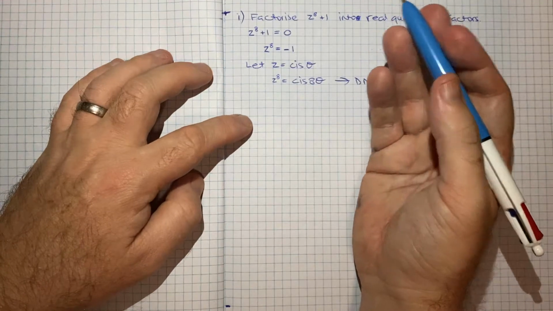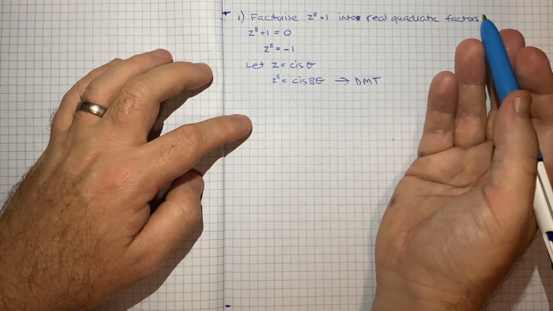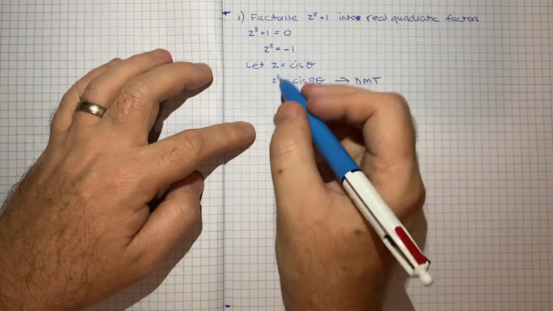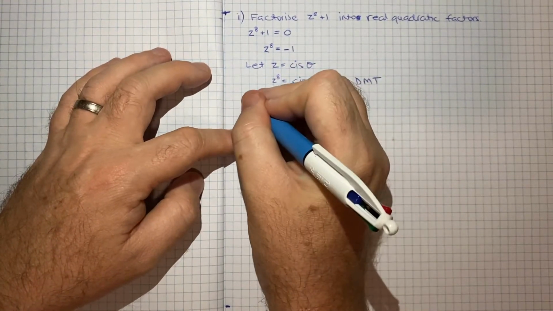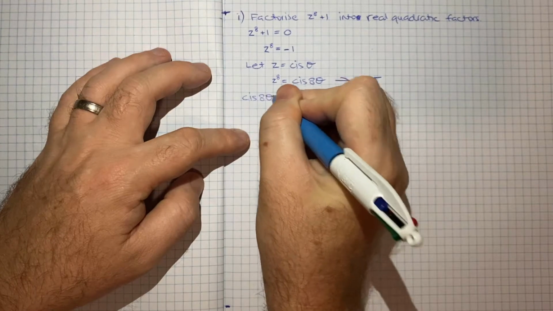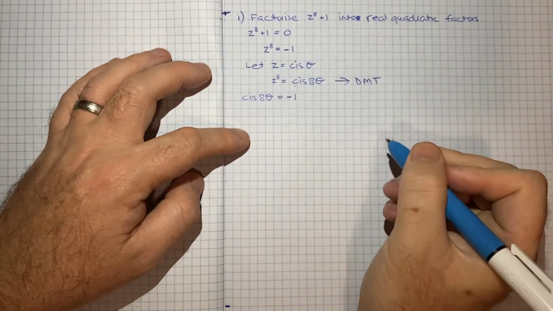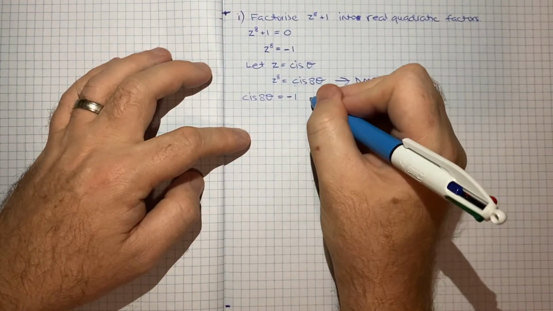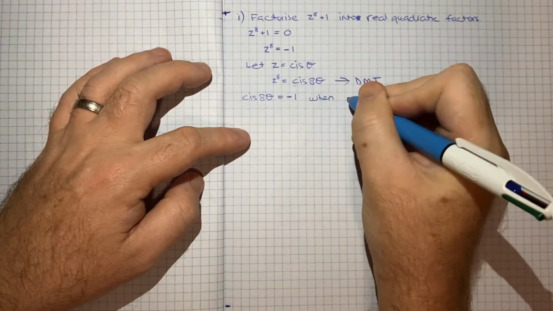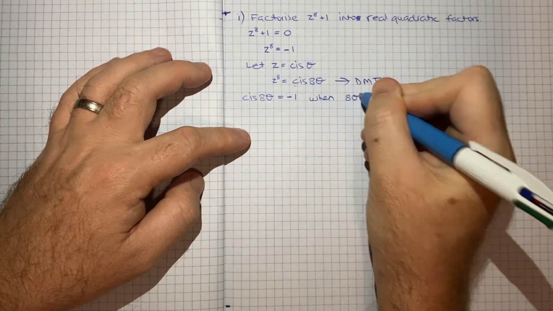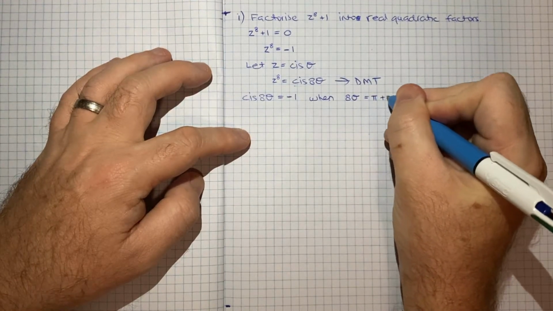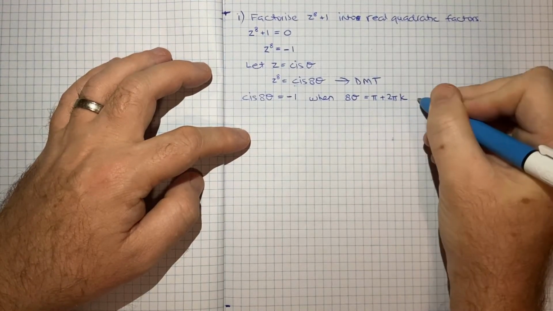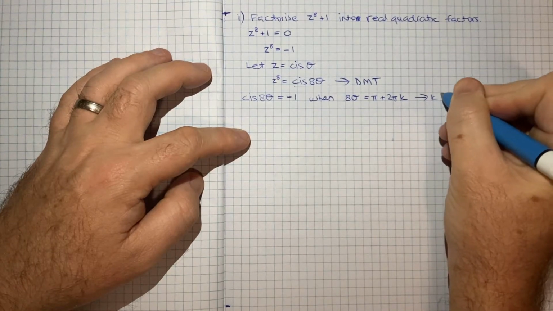From there, we basically just need to find our thetas, because we want z to the 8 equals negative 1, which means we want cis of 8 theta to be equal to negative 1. And we know that's going to happen when our 8 theta, our angle here, is equal to pi plus 2 pi times k, where k is an integer.